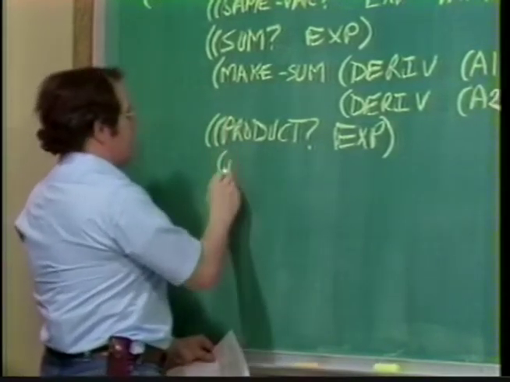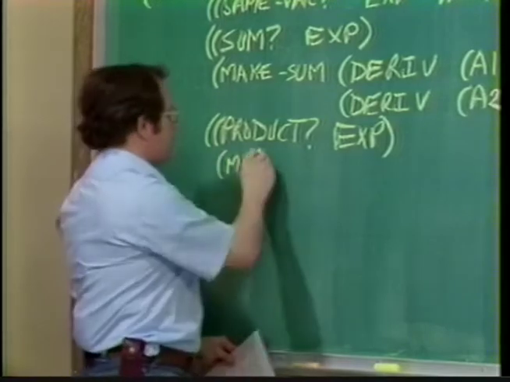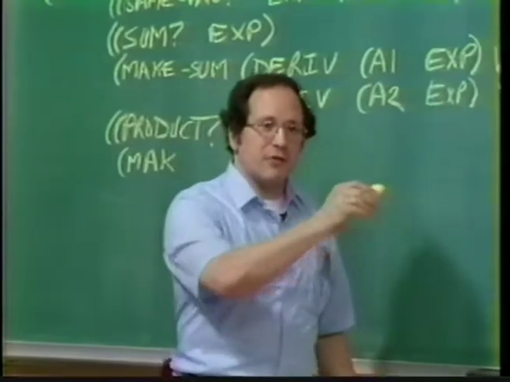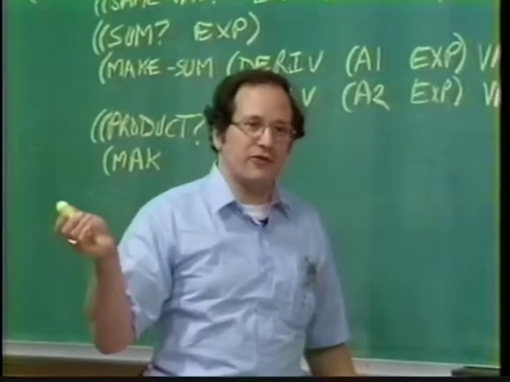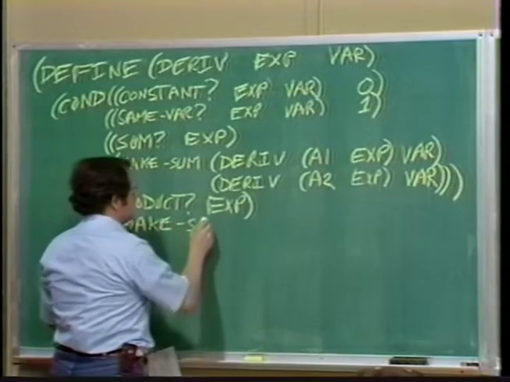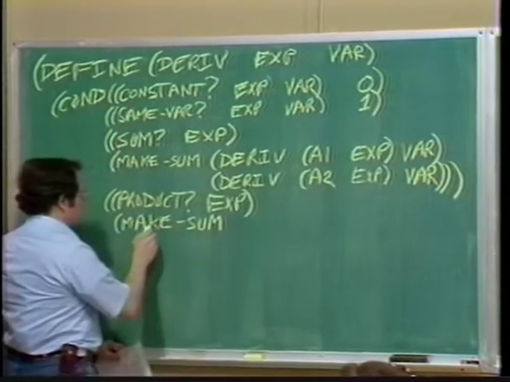Then I want to make a sum, because the derivative of a product is the sum of the first times the derivative of the second plus the second times the derivative of the first. Make a sum of two things.